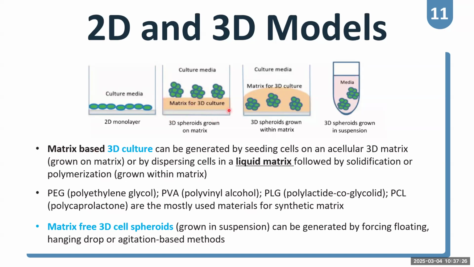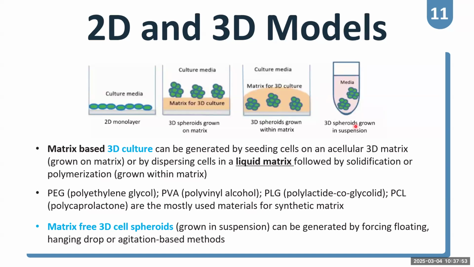Put the matrix gel coat on the plate like this and let the cells form the 3D structure. Or you mix the matrix with the cells and put it down like a dome of matrix gel. Or you put the cancer cells in a low attachment plate.